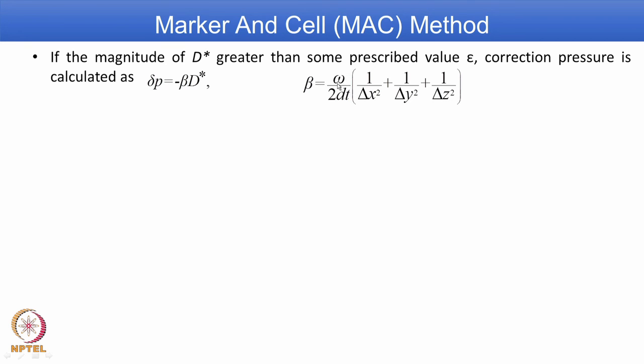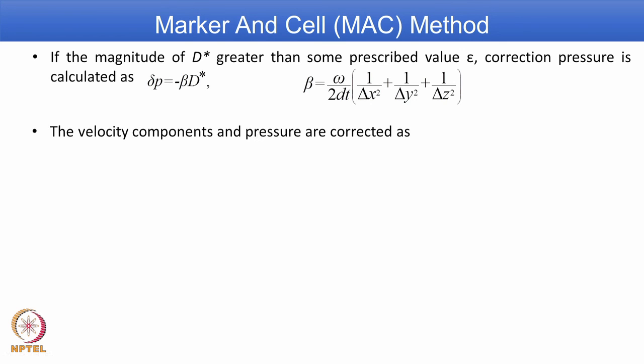Omega in this case is what is known as a relaxation parameter. We will talk about the relaxation parameter later. Once you calculate beta, because all the quantities are known, you can calculate delta p. Delta p is a change in pressure or correction in pressure.